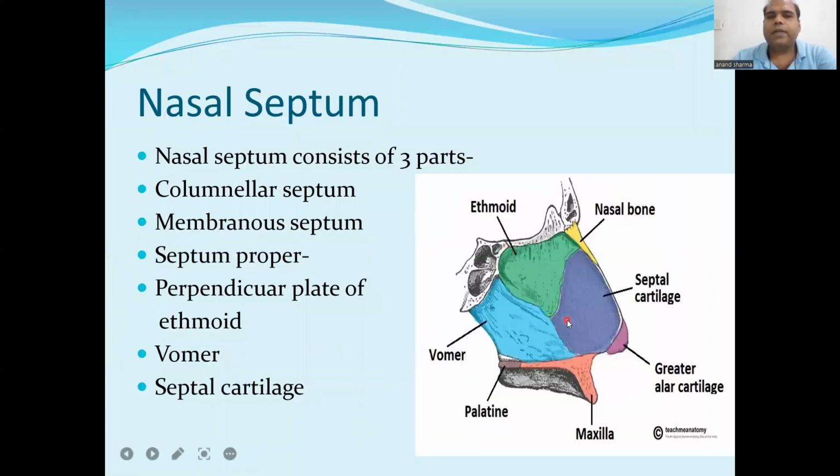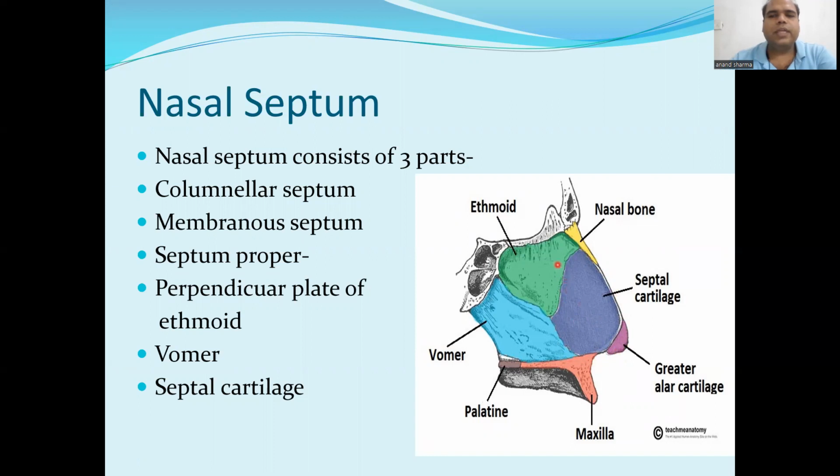Now the septal part, as I have told you, is partially cartilaginous and partially bony. So the blue part is the septal cartilage or the quadrangular cartilage. The greater alar cartilage is forming the columnar part, or the small part of the columella.